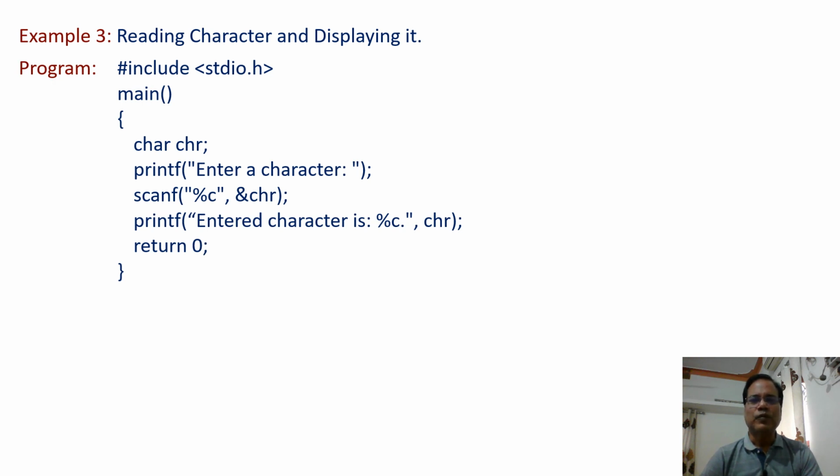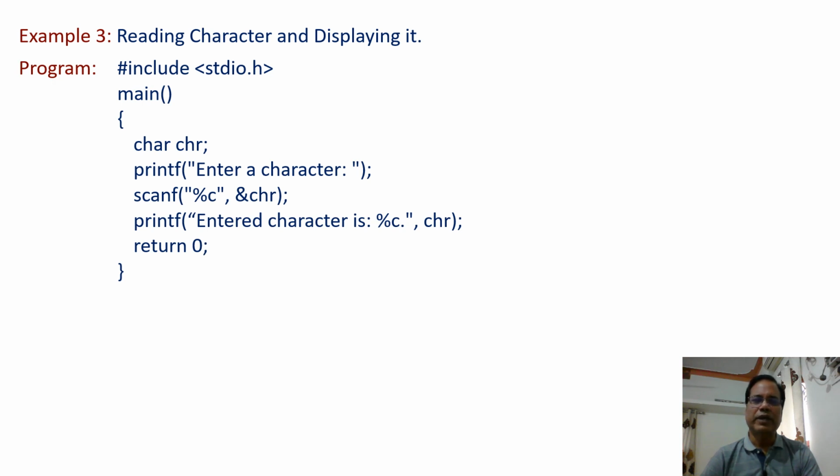When scanf is executed with %c, comma, ampersand chr, the compiler waits for a character data. We have already printed the message enter a character. So when a character is inputted, execution moves forward.